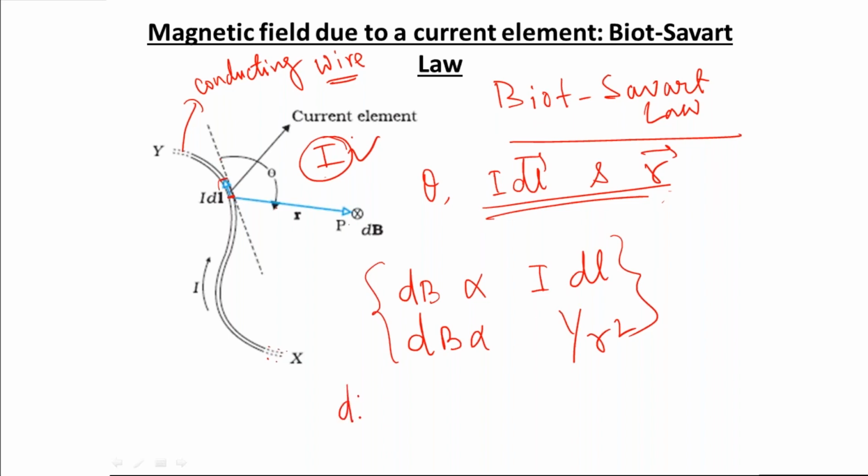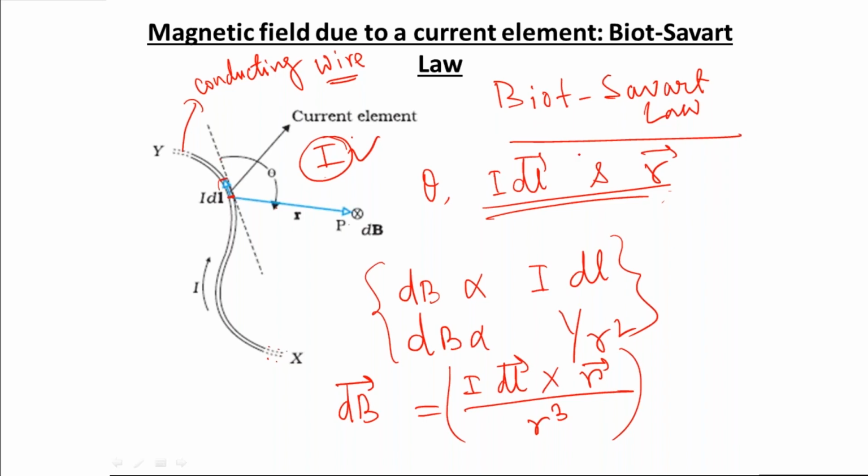If I combine this proportionality together and write the vectorial form of Biot-Savart law, what I can write is I dl cross r divided by r cube. So this is the vectorial form of the Biot-Savart law.